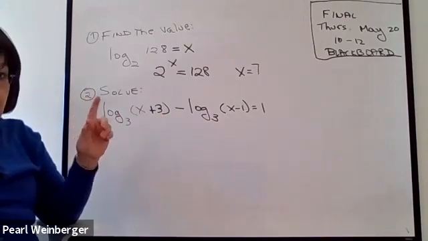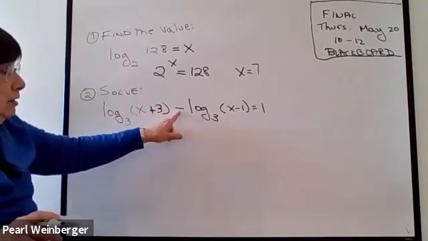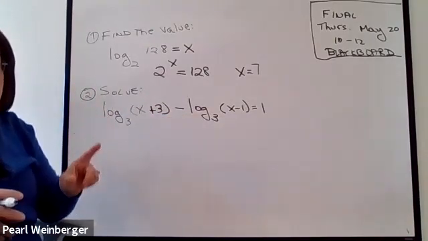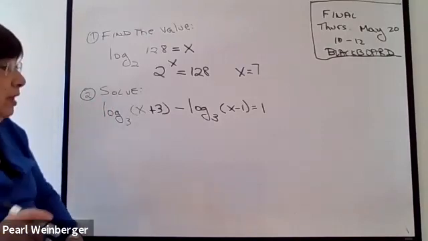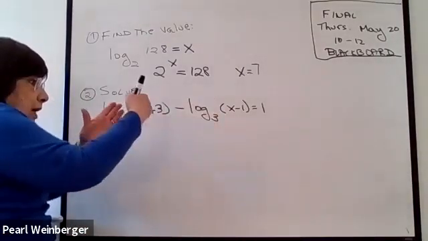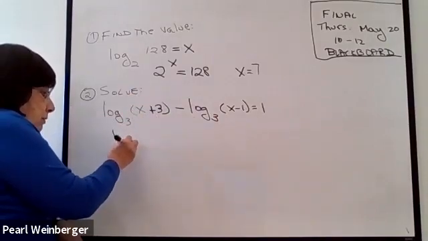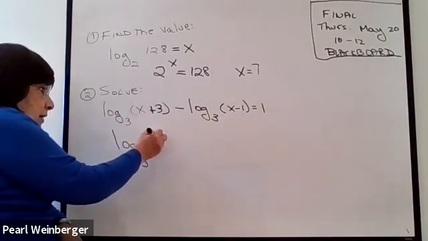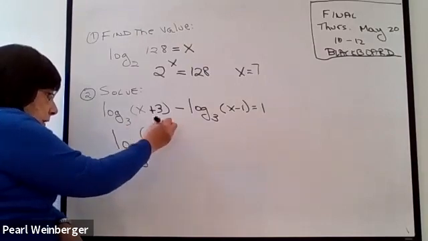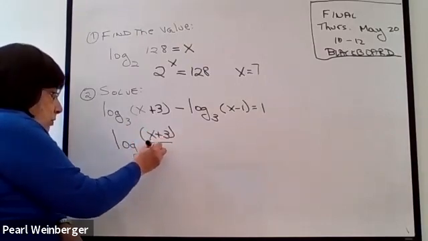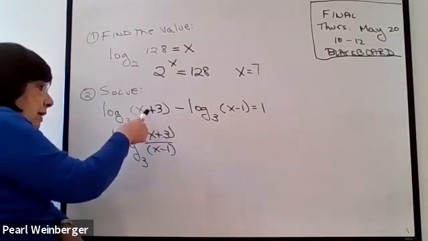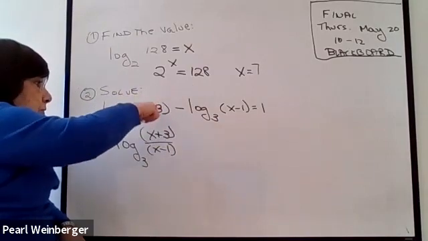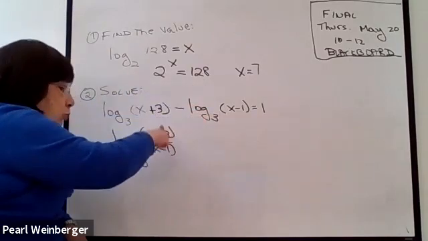Remembering in our rules for working with logs, subtracting logs means you're subtracting exponents, and you're subtracting exponents when you divide. So you can put it back as a single log by writing this as log base 3 of the x plus 3 on the top, divided by the x minus 1 on the bottom. Because subtracting this log minus this log means that, of the numbers x plus 3 and x minus 1, you were dividing them.